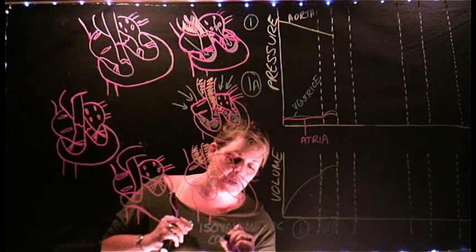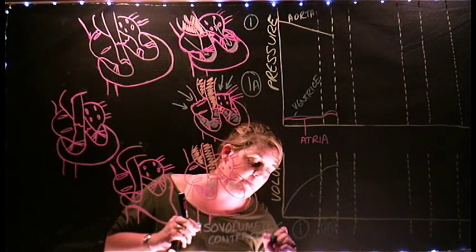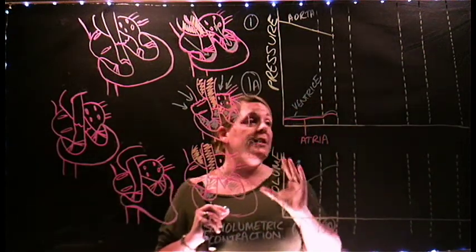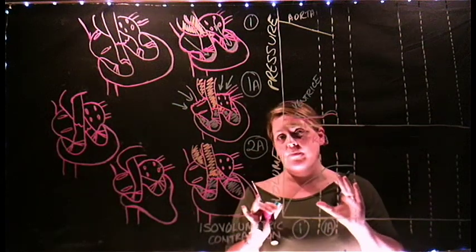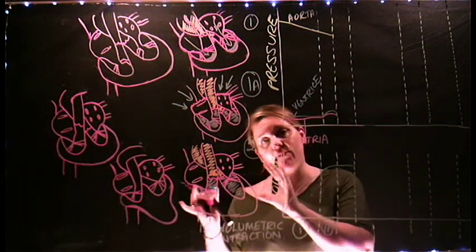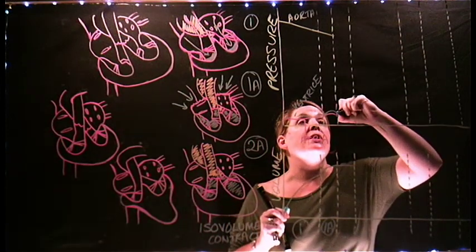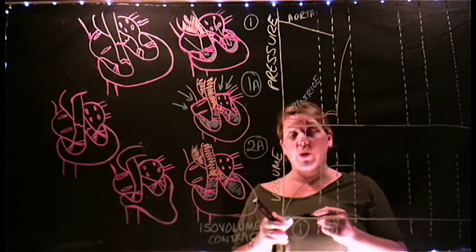And during this stage, the muscle fibers in the ventricles tense. They don't shorten, but they tense. So there is no change in volume because we have not seen any physical shortening of the fibers. However, we do see a massive jump in the ventricular pressure.